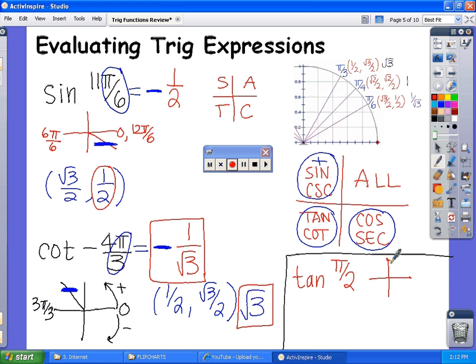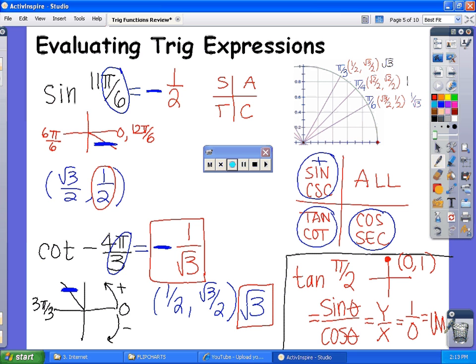We will label the point. The point is 0, comma 1. Tangent is equal to sine over cosine. Therefore, it's the same as y over x. Take 1 over 0, but 0 cannot be in the bottom, so the tangent of pi over 2 is undefined. Yes, it is possible to get undefined.